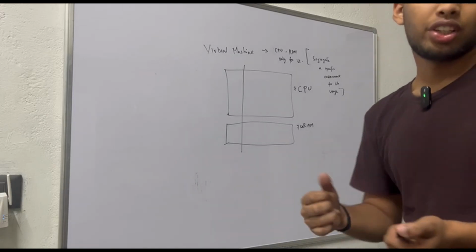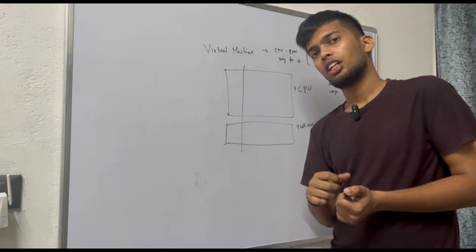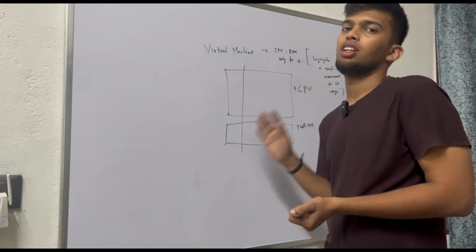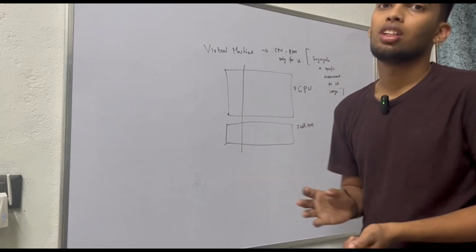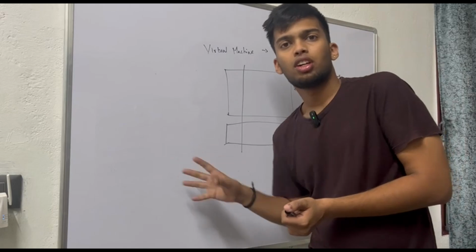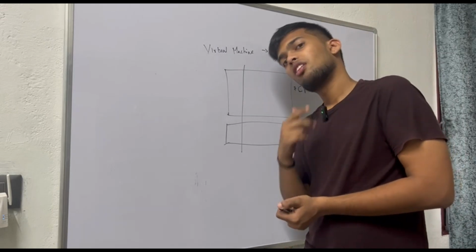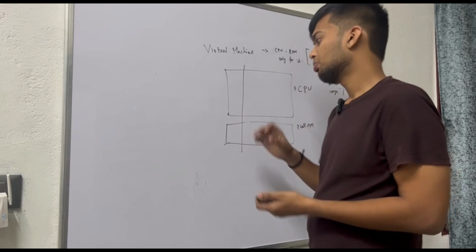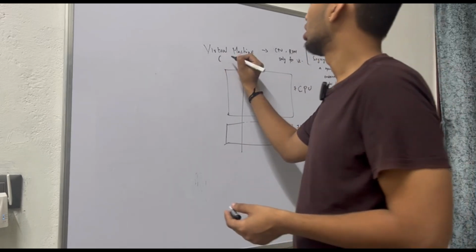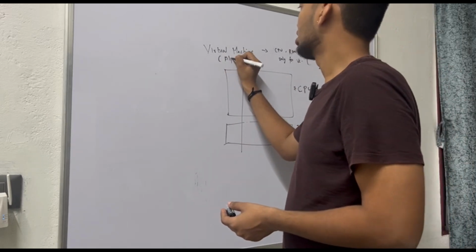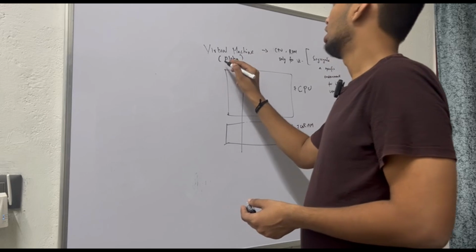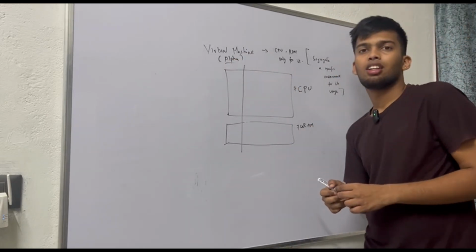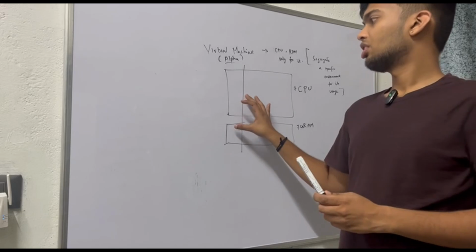So what are the disadvantages of it? If you use a virtual machine, there are pros and cons. The pro is we have a separate CPU and separate RAM allocated to it, so we can do whatever we want with that. But the main disadvantage is, assume that we have created a virtual machine called Alpha, and I have to use this Alpha virtual machine somewhere different.